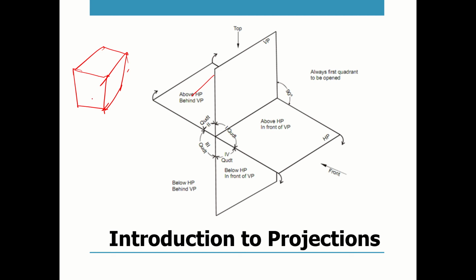In order to locate this object, we have to project it, in the sense that we have to convert this three-dimensional object into 2D drawings, so that we can relate where this particular object is situated.